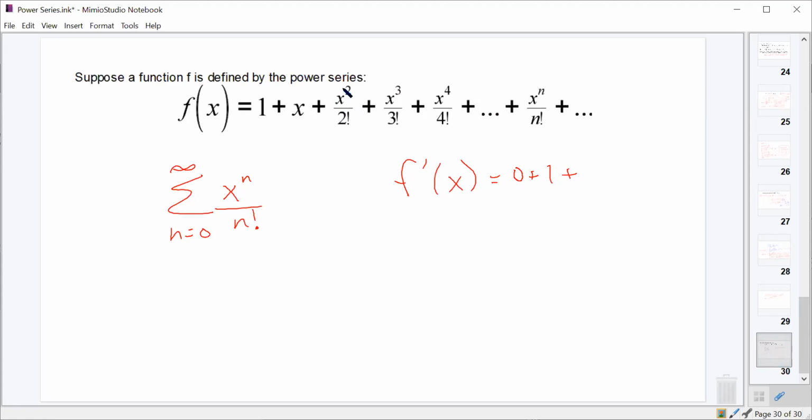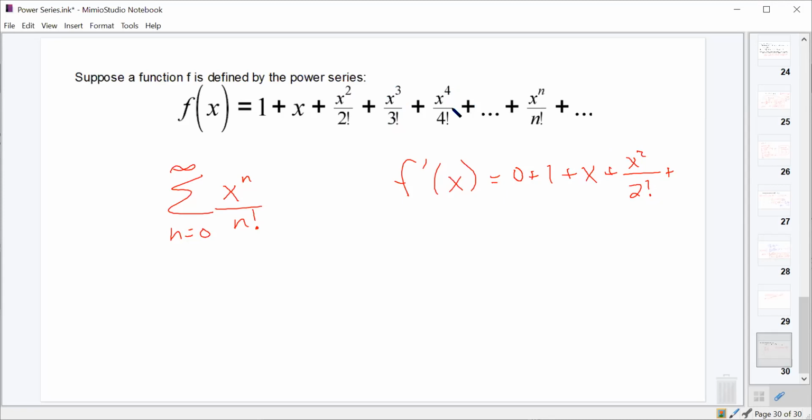So what's the derivative of 1/2 x squared? Should just be x, right? What about x cubed over 3 factorial? Well, that will become 3x squared over 3 factorial. And what happens to the 3's? They should cancel out, right? So it's x squared over 2 factorial.